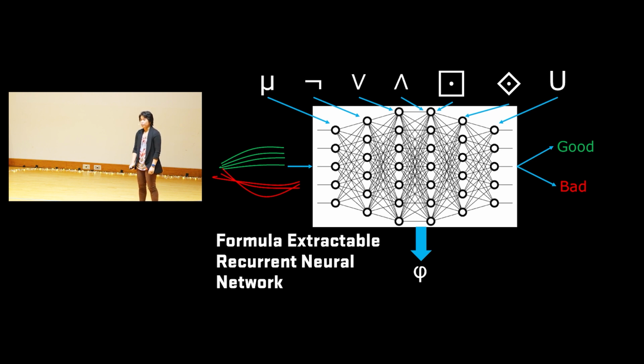That way, when we train the network to distinguish between the good and bad signals, after the network is trained, we can extract the formula from the parameters of the neural network to produce a logical formula. And then this logical formula becomes that characterization of the good signals that we cared about in our data set. We call this new neural network a formula extractable recurrent neural network, or FERN for short.